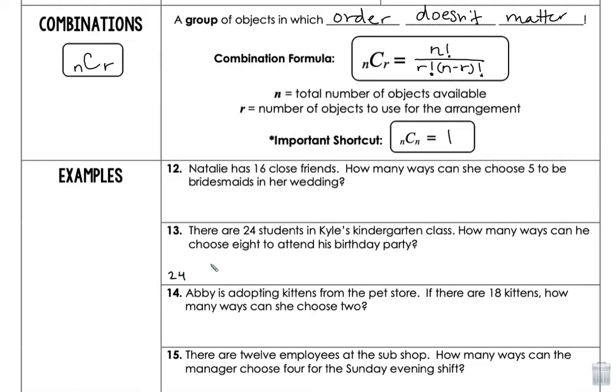So we have 24C8, which means I'm setting up my formula as 24 factorial on top. And in the denominator, I have 8 factorial times 24 minus 8 factorial. And when I put this in my calculator, I end up with 735,471 possible ways to choose the 8 people to attend the party.